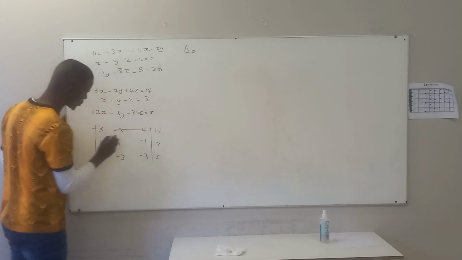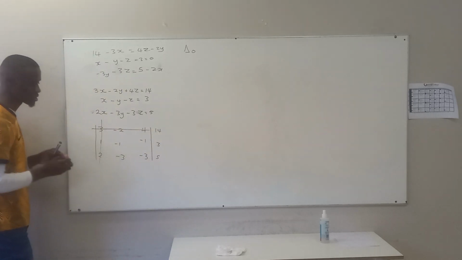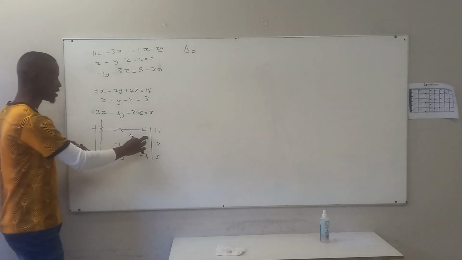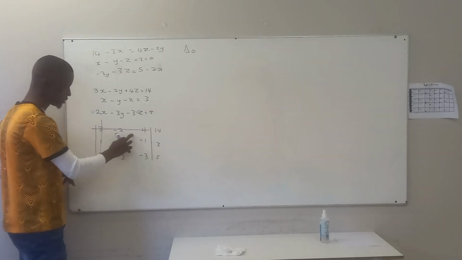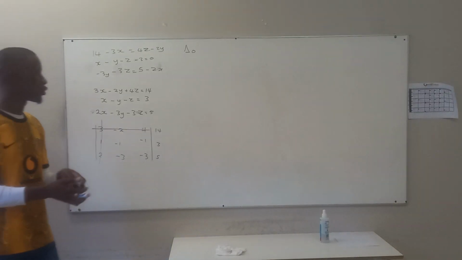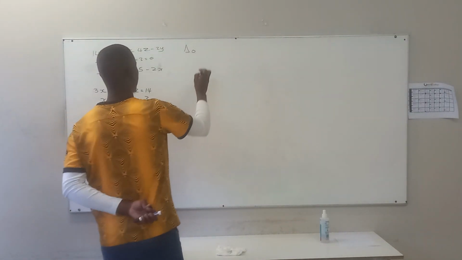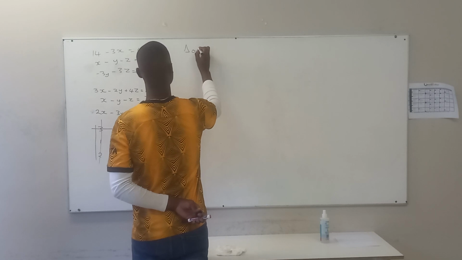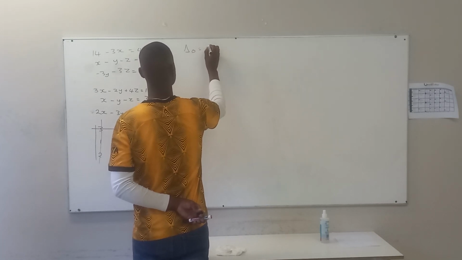You cross these ones out, and then this one's out. Then you're left with your minor, which is this. When it crosses, it's your cofactor. So we're going to be having something like this.